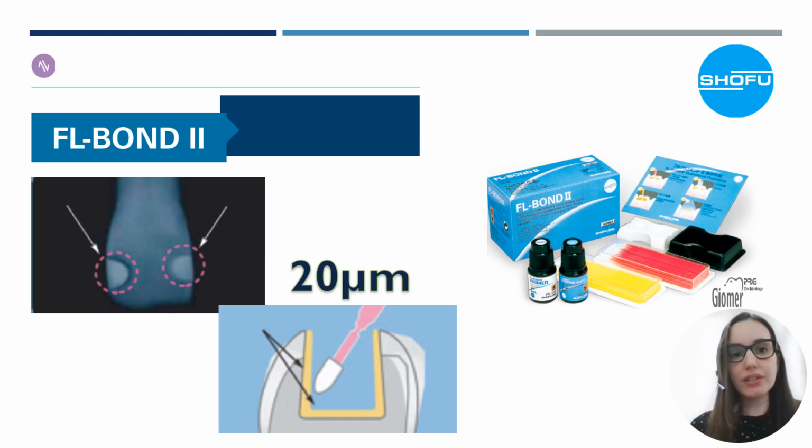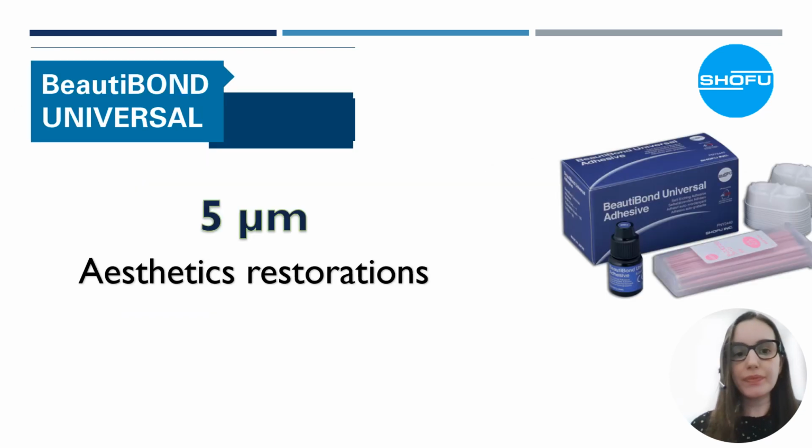Regarding adhesion, there is FL Bond II, which is a self-etching adhesive, and Beautibond Universal, which is self-etching and universal. This one can be placed in a very thin layer, around 5 micrometers, which is perfect for aesthetic restorations.